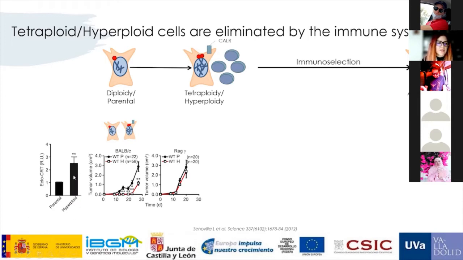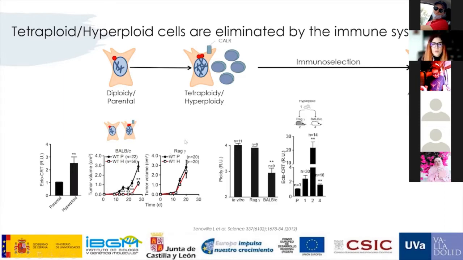We observe that hyperploid tetraploid cells show more calreticulin on the cell surface, and also when we inject diploid and tetraploid cancer cells into immunocompetent mice, the hyperploid cells develop fewer tumors, the tumors appear later, and they grow slower than the diploid counterparts. However, this difference disappears when we inject the cell lines into immunodeficient mice.